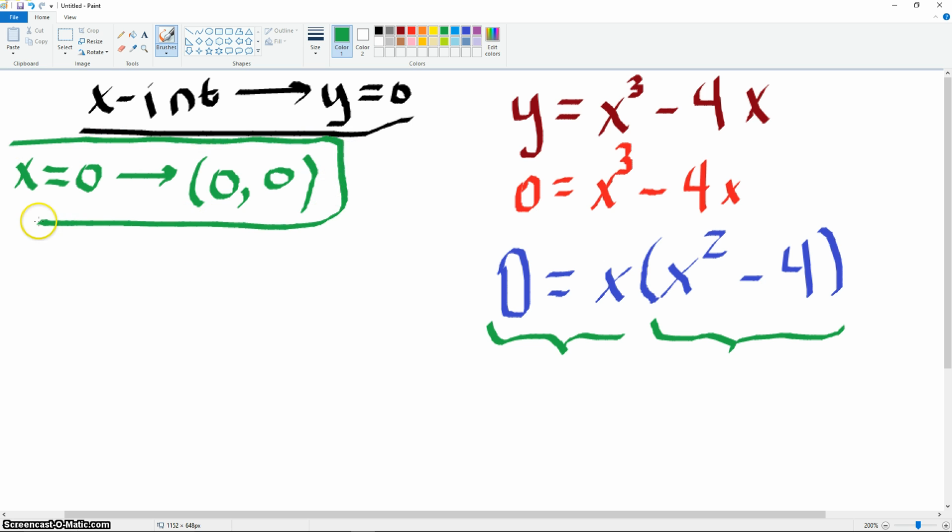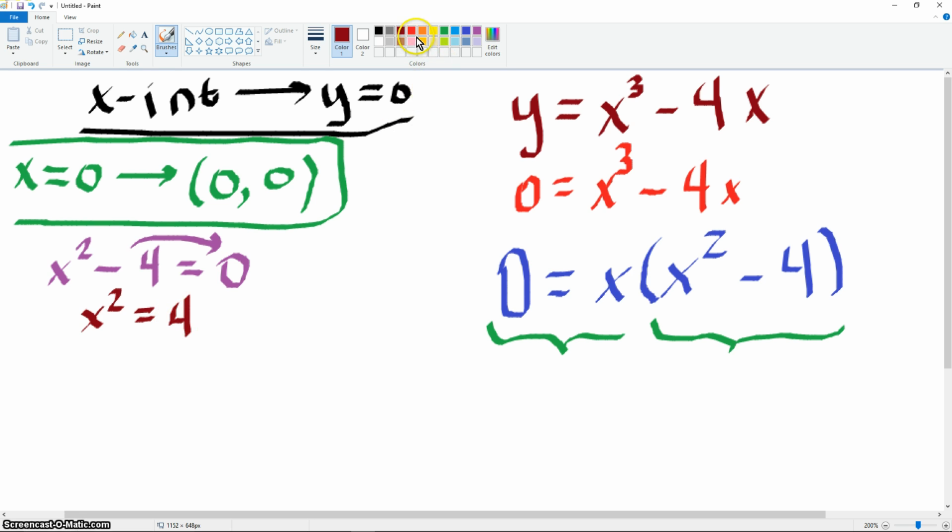So that's our first x-intercept. Then we have x squared minus 4, and we're going to set that equal to 0. So we have x squared minus 4 is equal to 0. Move this negative 4 to the other side, and you get x squared is equal to positive 4.